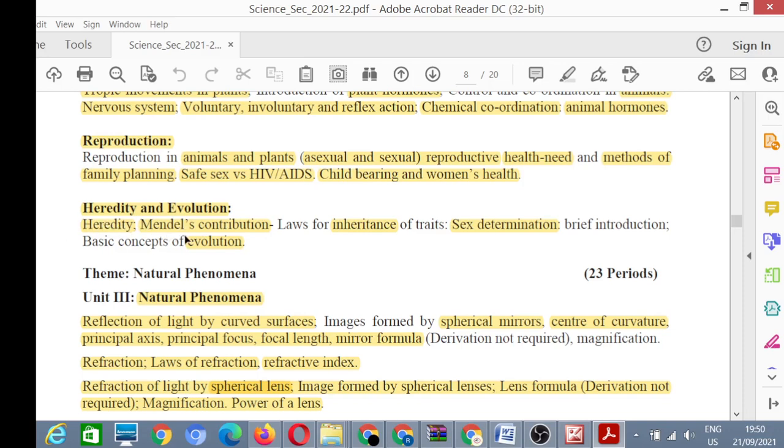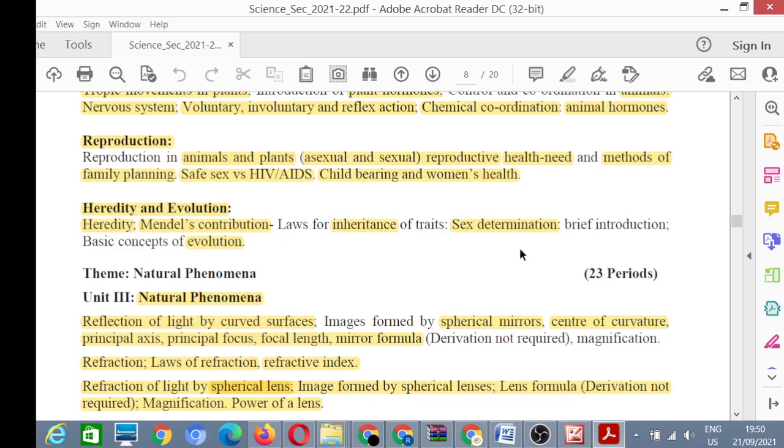Then Mendel's contribution, laws, then sex determination, a brief introduction, then the basic concept of evolution.